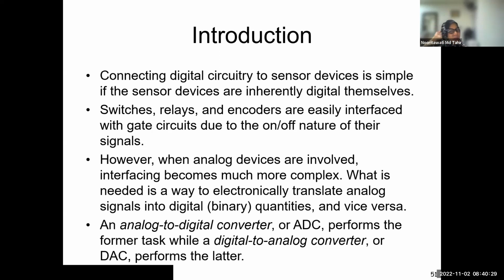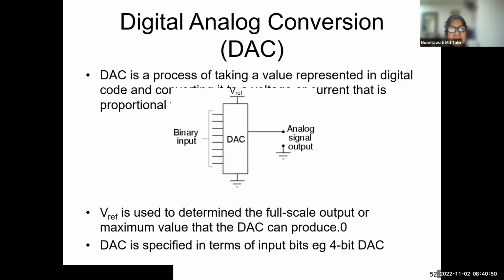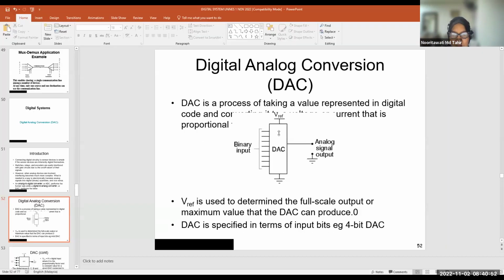The signal we receive is in analog form and we would like to convert it to digital, and then when we want to use it again from digital, we convert back to analog.